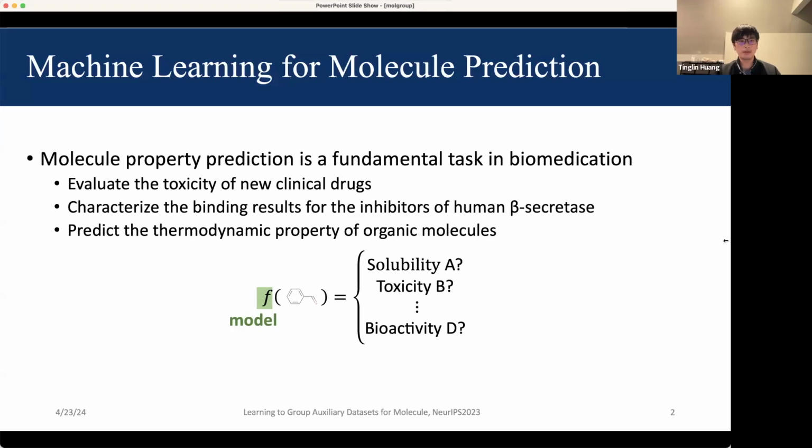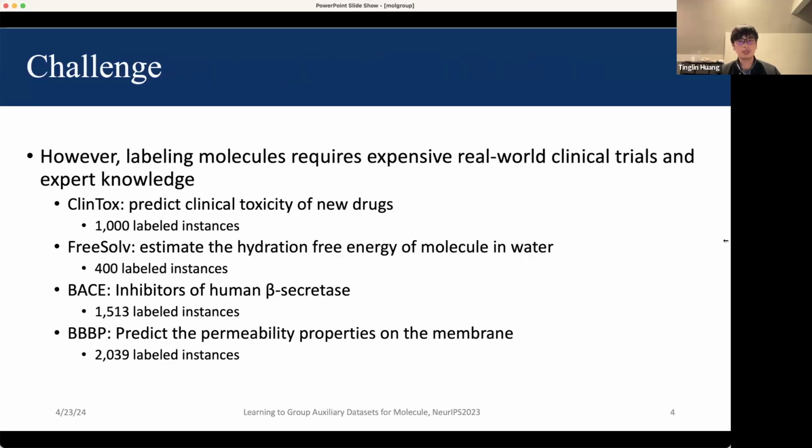But one challenge is that we don't have much data because labeling a molecule is very expensive. Here are four example datasets from MoleculeNet. For example, ClinTox, a clinical toxicity-based dataset, only has 1,000 labeled instances, and FreeSolv only has around 400 labeled instances.